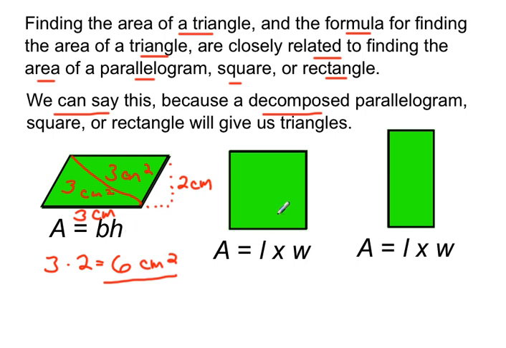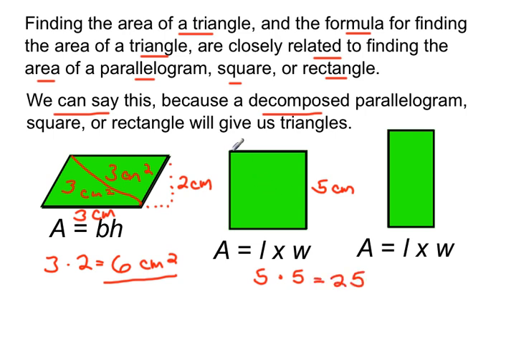And the same with this square. If we knew that one length of this square was 5 centimeters, all right, we know that the total area would be 5 times 5, which is 25.